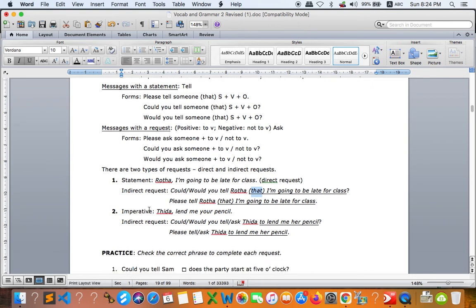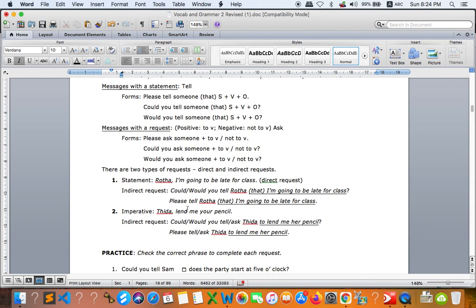Now the imperative that I explained a little bit earlier. We have two verbs, just like in this case. Tida, lend me your pencil. Okay, so your here is Tida's pencil. But maybe you have no time to talk to Tida, then you ask someone else to do it for you.